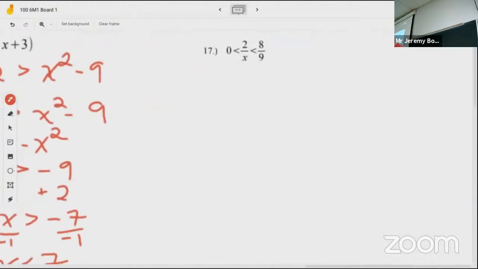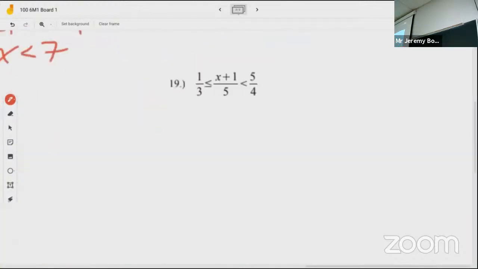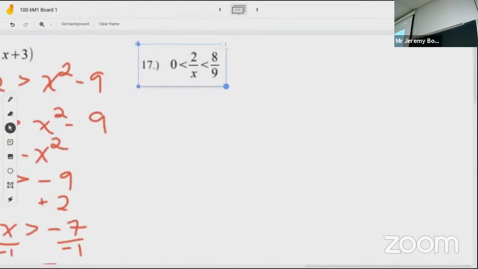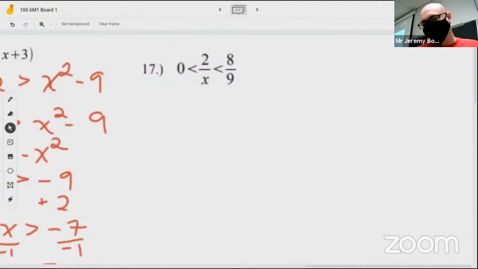All right, 17. Let me just scroll away. What was worrying me, and I may have caught this from yesterday, is that if you're multiplying or dividing by x, and you don't know if x is positive or negative, you don't know if you should switch the signs.